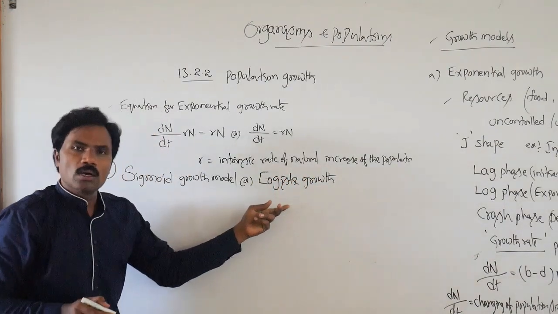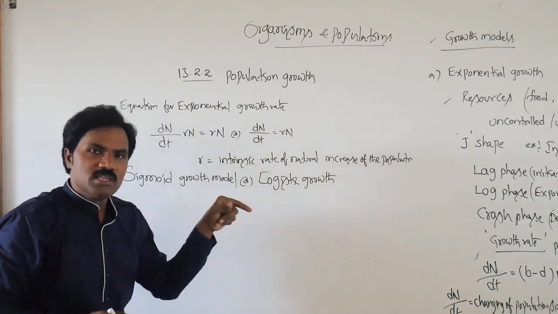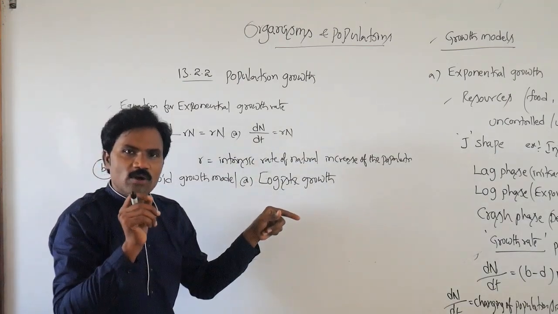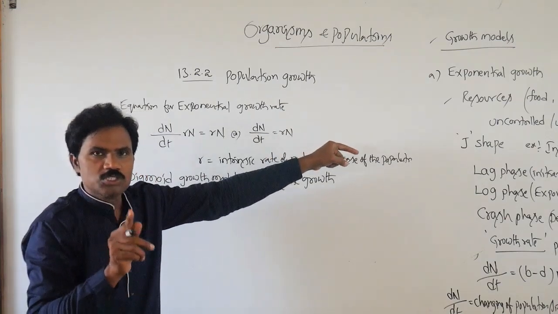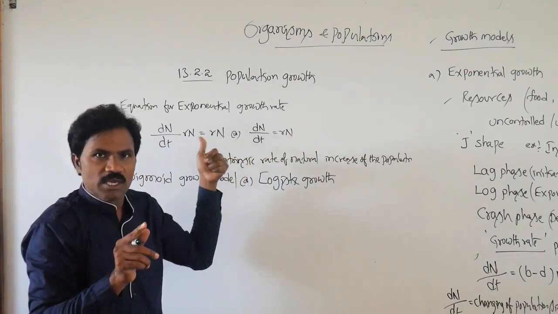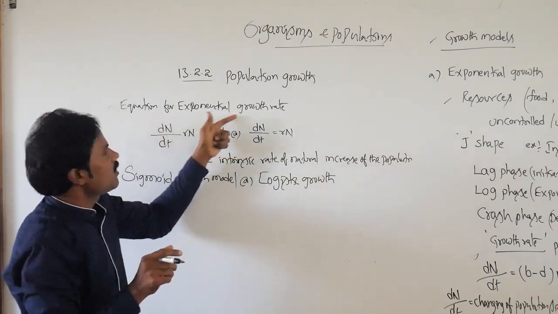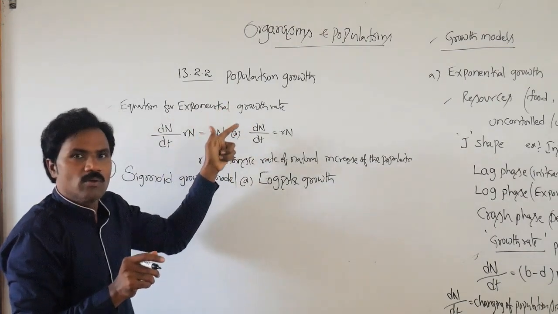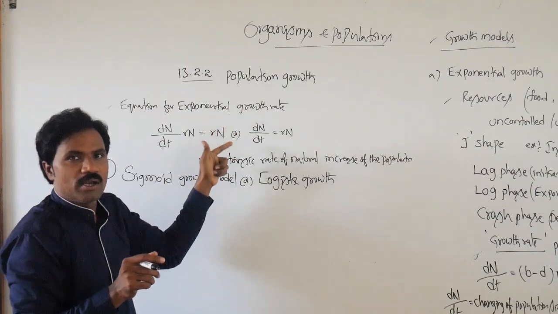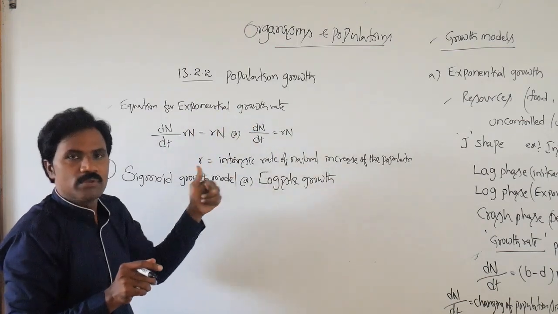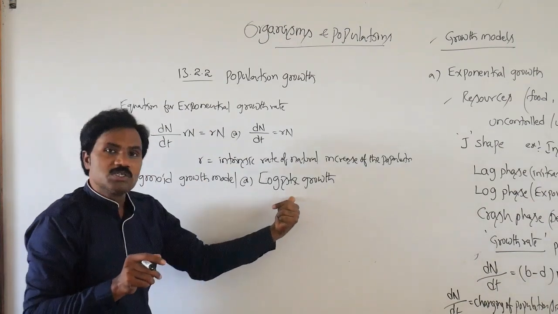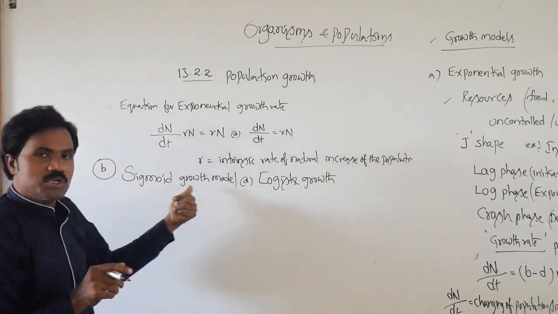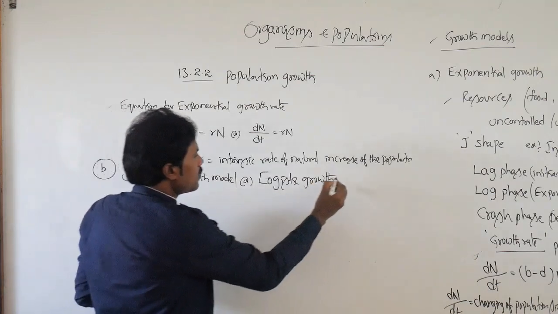Here, the name itself represents the shape of logistic growth. What is the shape of exponential growth? J shape. What is the equation? dN/dt = rN. But what is the shape of logistic growth or sigmoid growth? S-shaped.